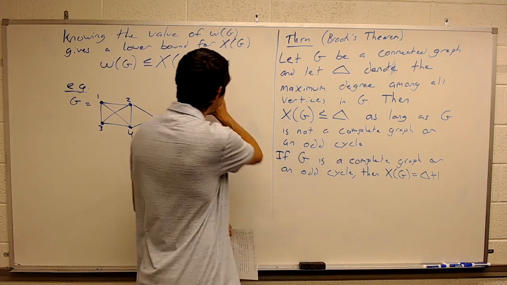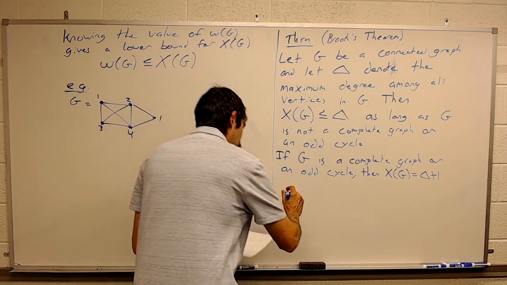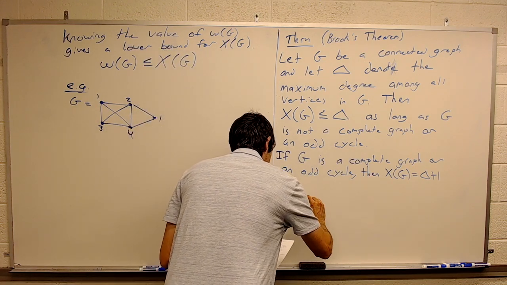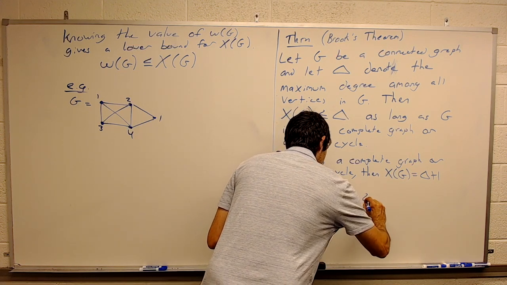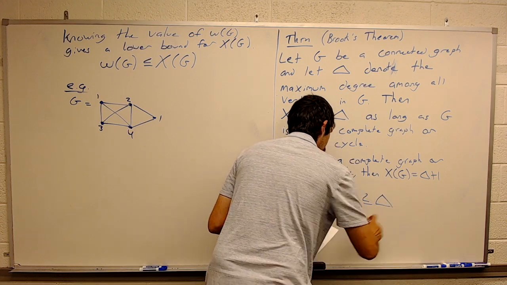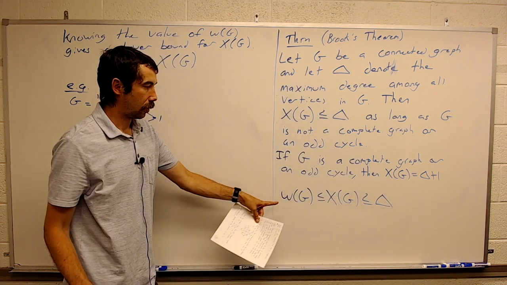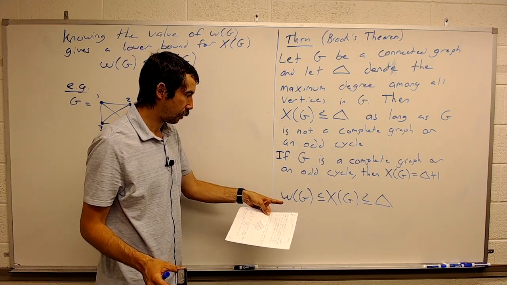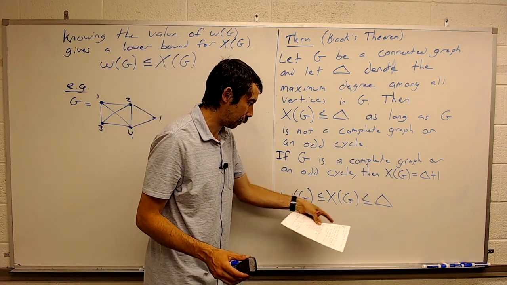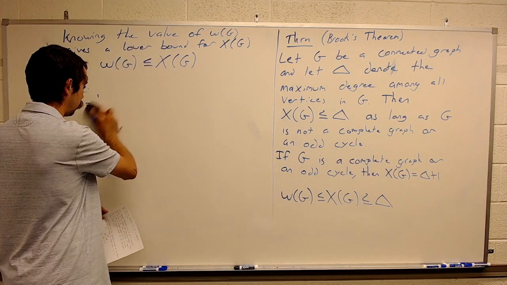All right, so putting these together, we have omega of G is less than or equal to our chromatic number, which is less than or equal to delta. All right, these are some bounds for the chromatic number. So let's take a look at an example.